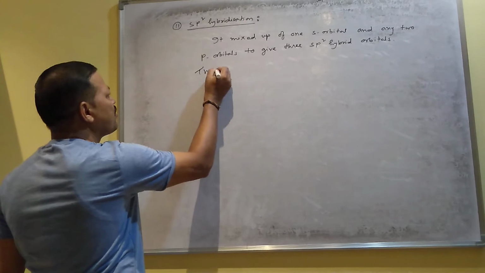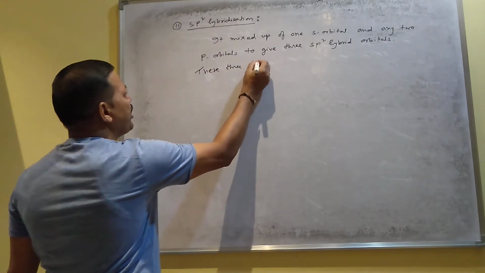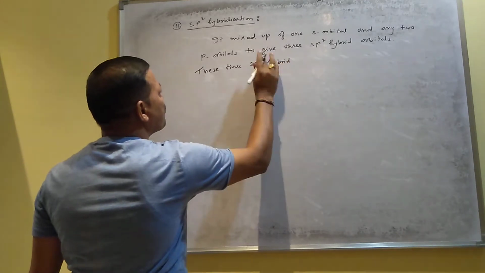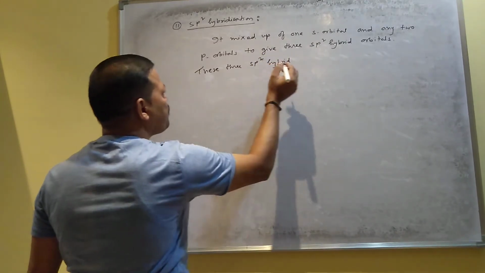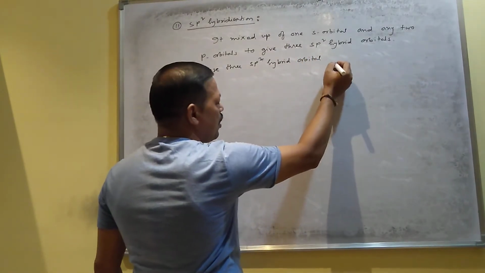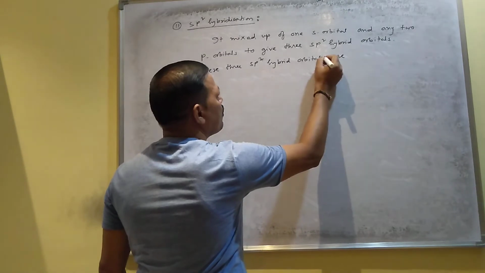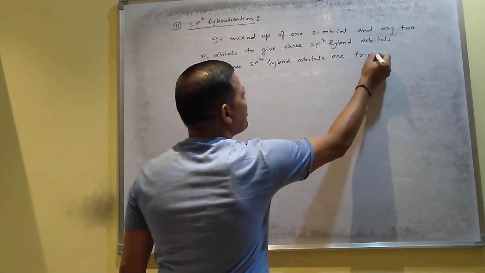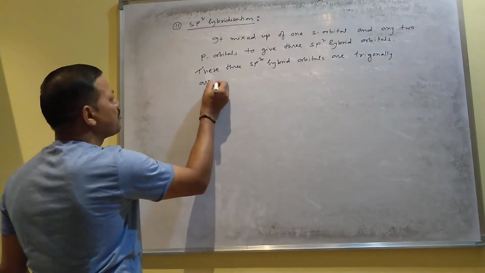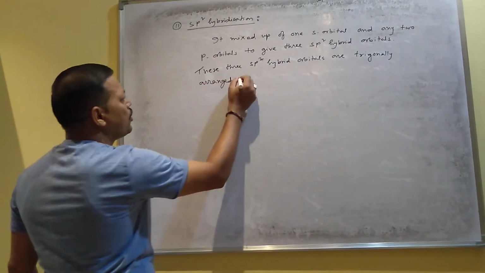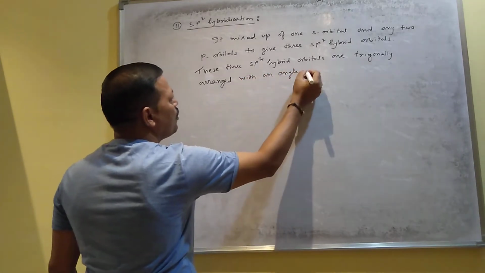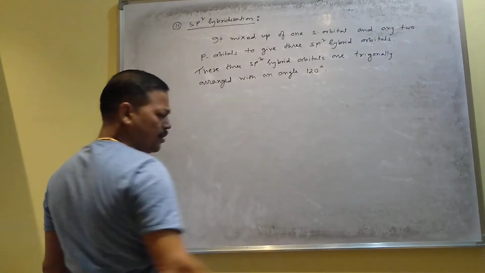These three sp2 hybrid orbitals are trigonally arranged with an angle of 120 degree.